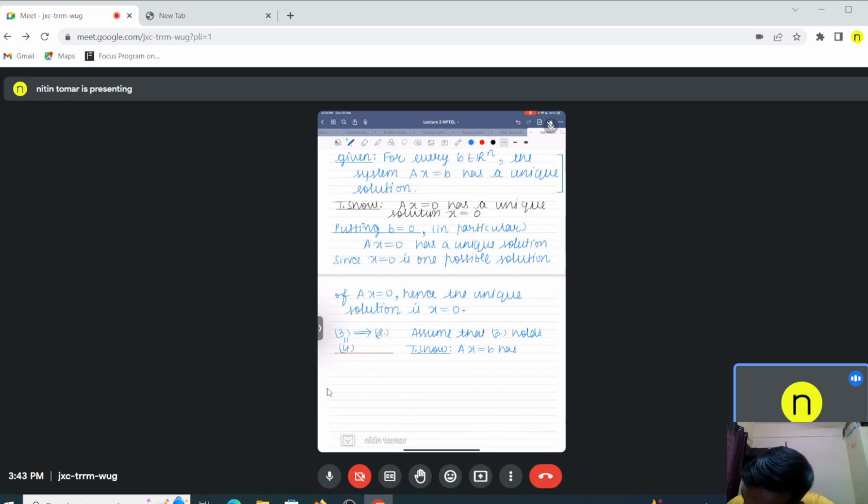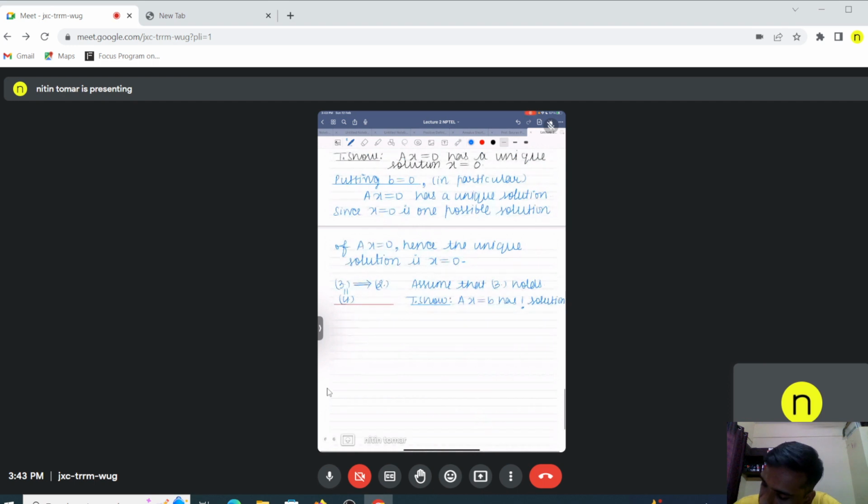See this exclamation mark in mathematics, it means unique. So if ax equal to b, we know 3 is the same as 4, which means A is invertible, correct? Yes. So you multiply with A inverse, A inverse b. So what does it mean? That x is equal to A inverse b.